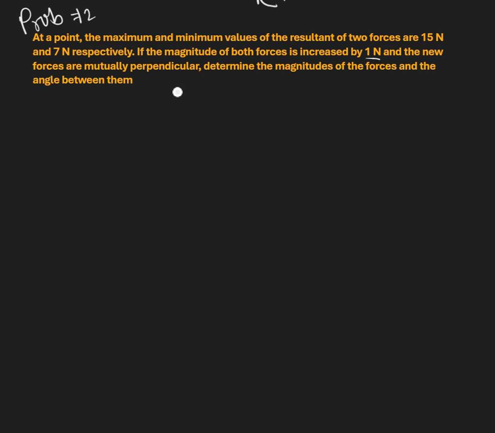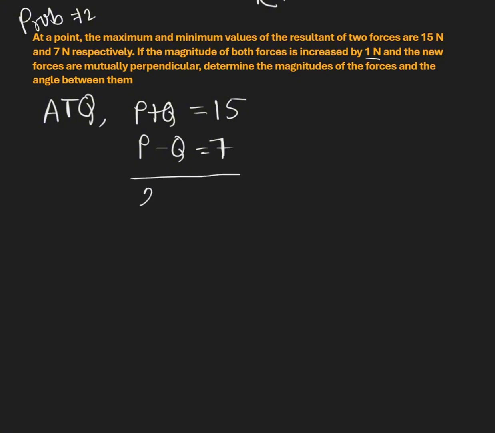So by the question, we could write down, according to the question (ATQ), P plus Q and P minus Q. So P plus Q is equal to, let's say, 15, and P minus Q is equal to 7, right? From here, we could evaluate the value of P. So this one and this one will be cancelled out.